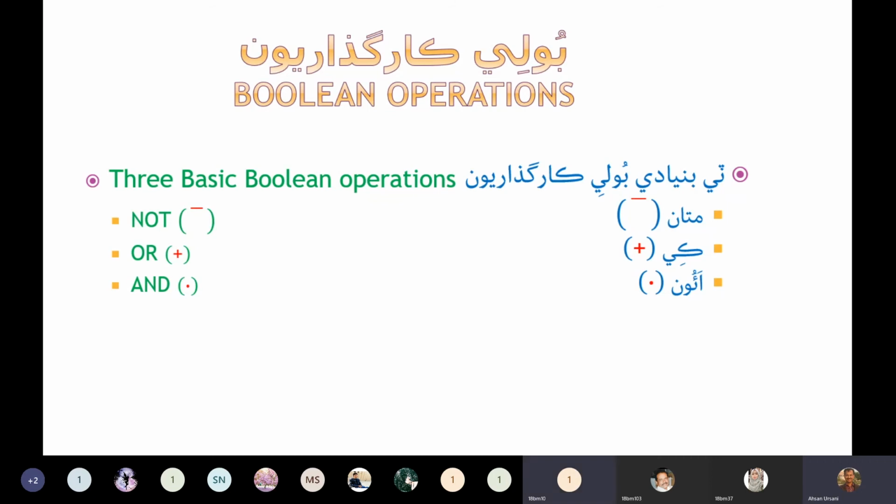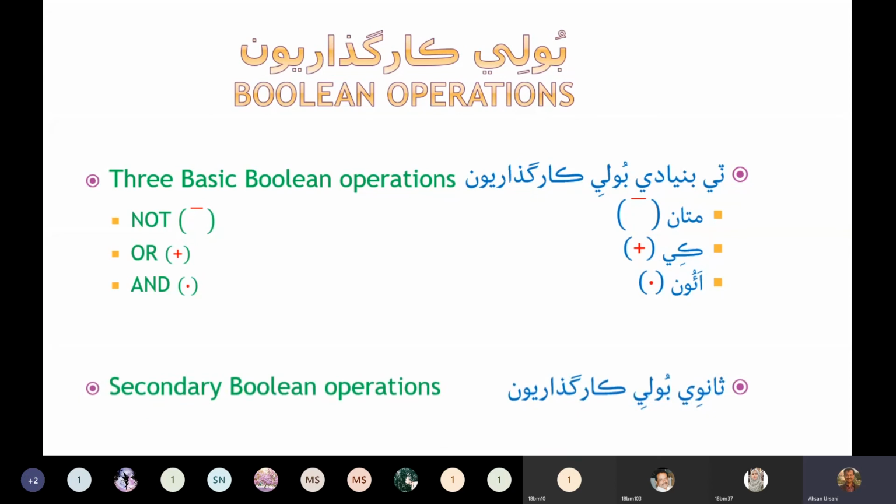Unary means it takes place on only one operand, one variable, and a binary operator is one which takes two operands.